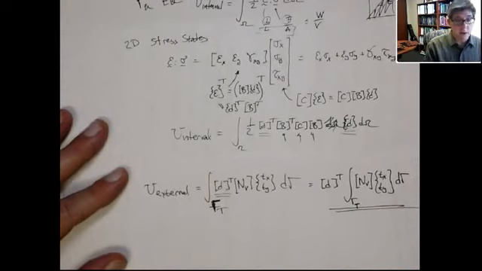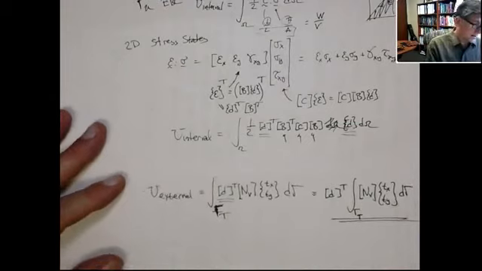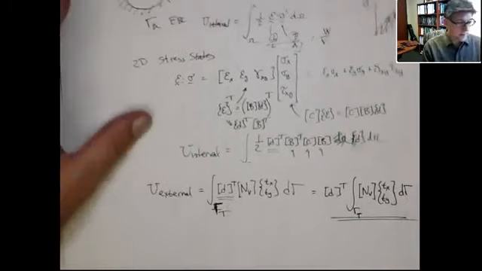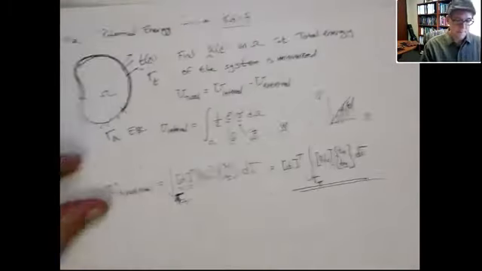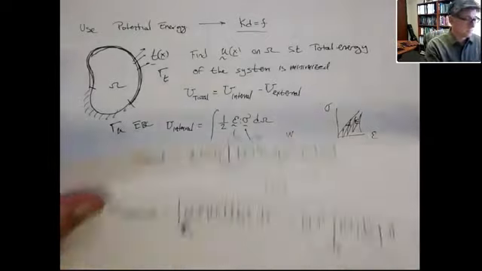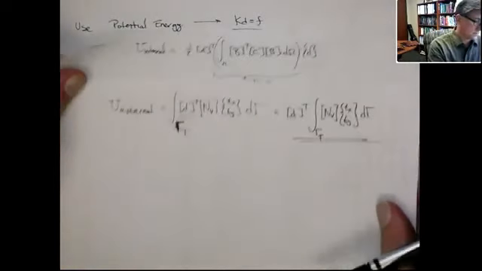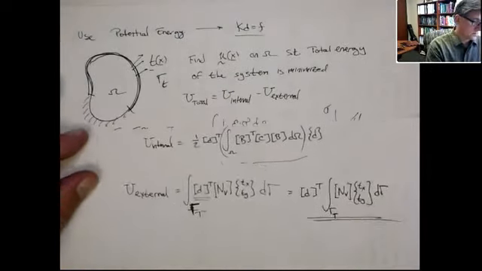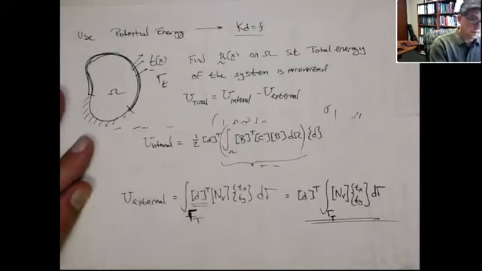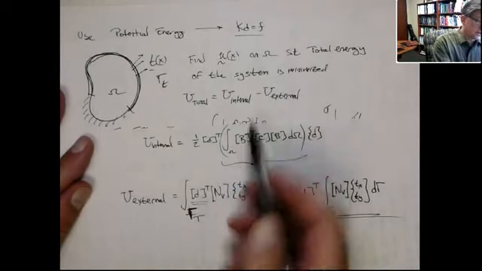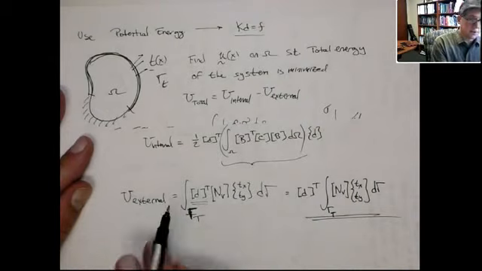So now I can write the whole thing. Actually, I don't want that one. This is the right one, right? Here's the total energy. Here's the internal energy. Here's the external energy.